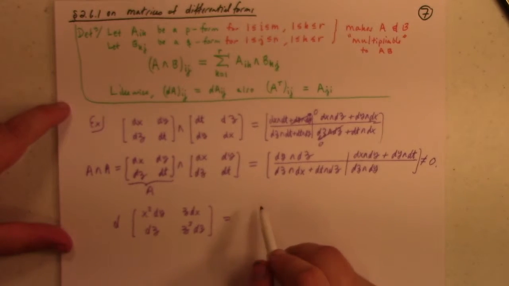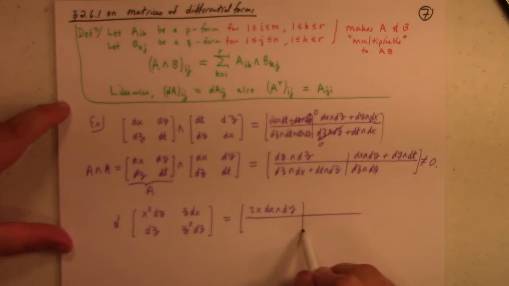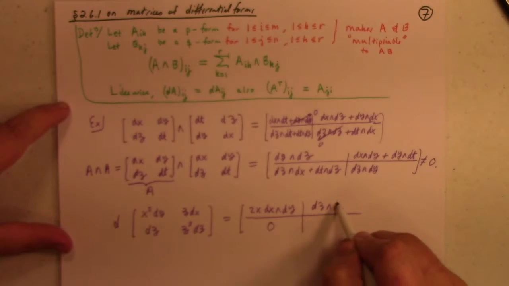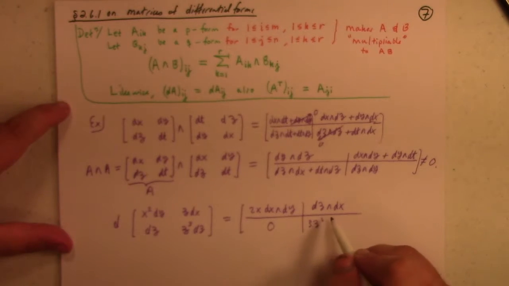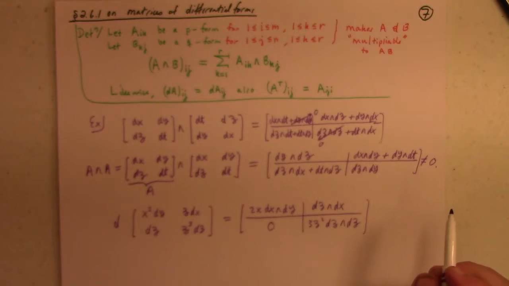We would get 2x dx wedge dy. See here, dz is 0, d squared is 0, right? Up here we get dz wedge dx, and we get 3z squared dz wedge dz, which is 0. So there's an example of exterior differentiation.